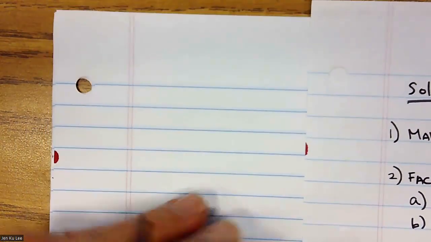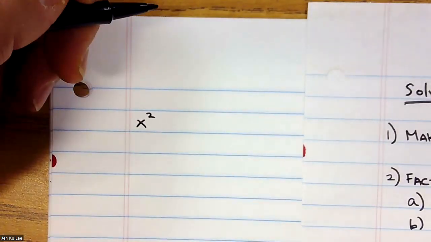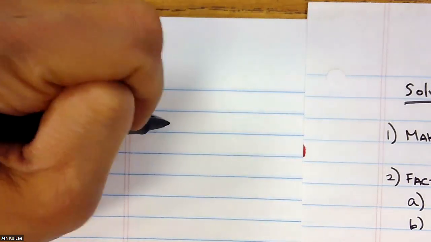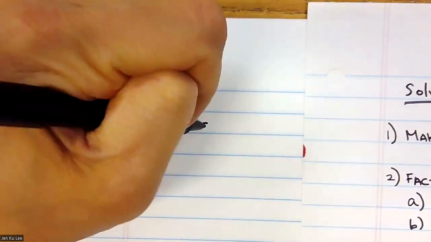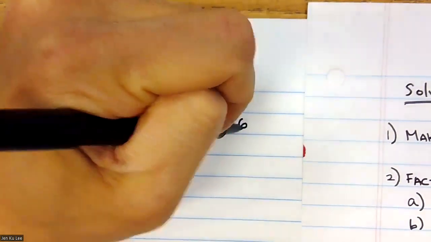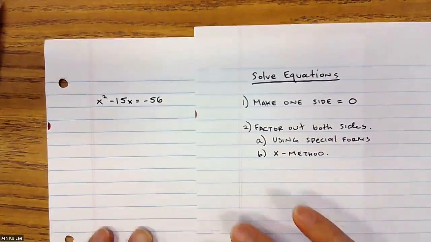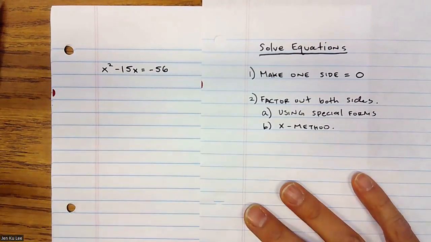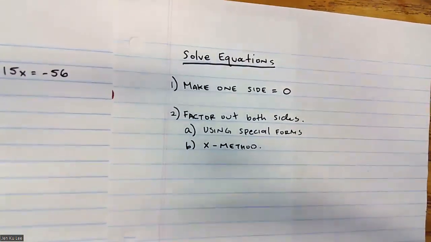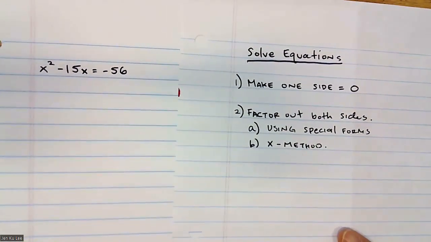So let's try something simple. X squared minus 15x equals negative 56. We're going to try that out side by side. So your first step is to make one side equal to 0.